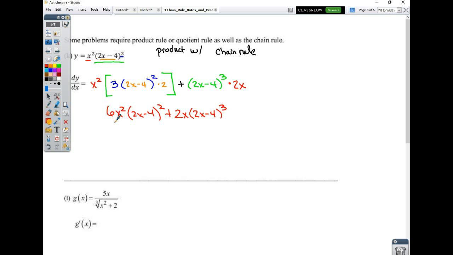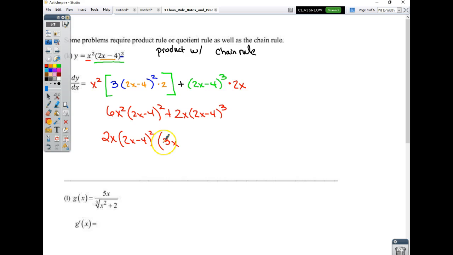So one thing I do want to point out is you do have to learn how to play the game. For instance, in this problem, you might see an answer that looks like this. You might see a 2x factored out. And you might see a 2x minus 4 squared factored out. Which would leave us what? That would be 3x.